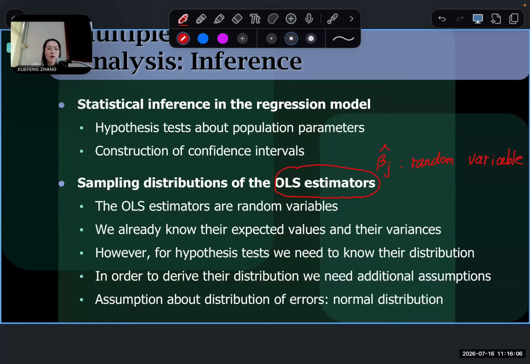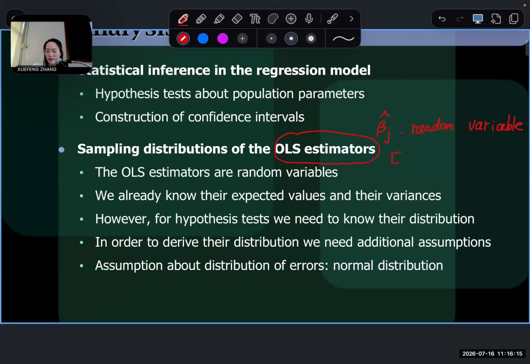From chapter 2, we already know two things about this distribution. Its expected value, okay, which means the expected value of beta j hat equals the true beta. This means unbiasedness, okay? And its variance, okay? The precision formula we derived.